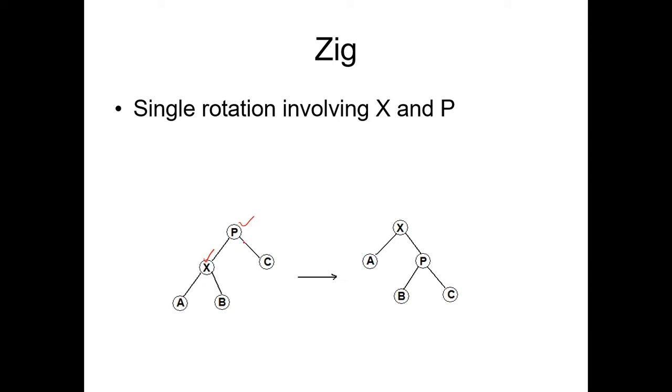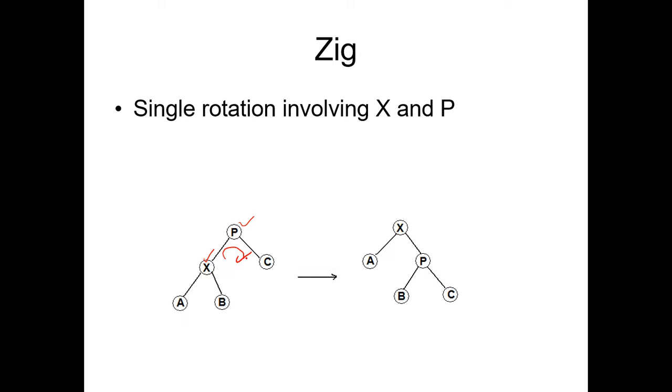This particular situation is said to be the zig situation. In this situation, the solution you apply is a single rotation. In this case it is going to be a right rotation, because X is at the left of its parent. If X is at the right of its parent, then you apply the left rotation.